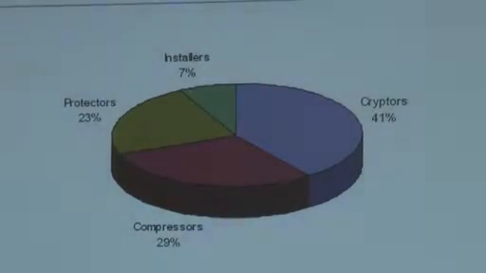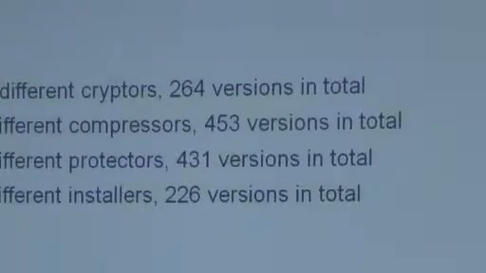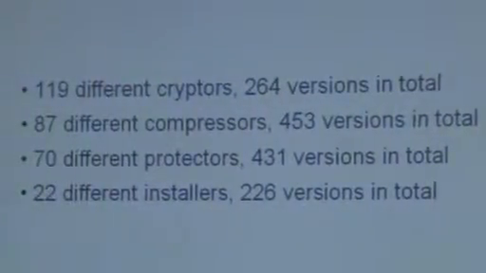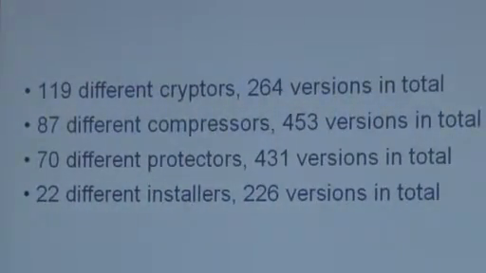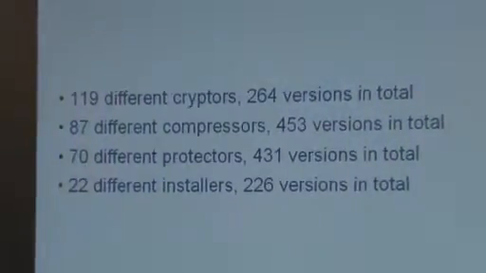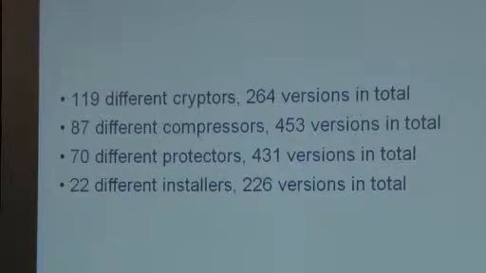Cryptors, and most of it, 41%, is made up by cryptors, and different pack types. These are the current ratios. Cryptors, compressors, protectors, installers. Cryptors are cryptors which do not pack.